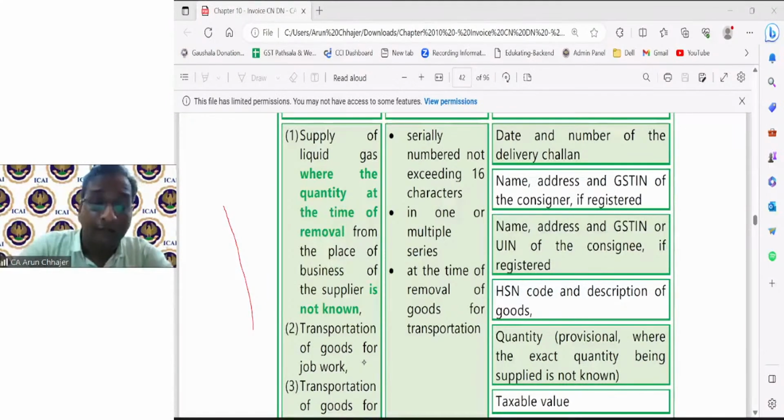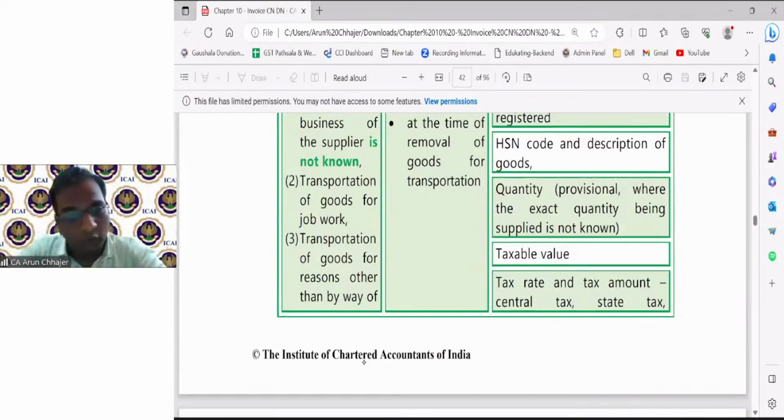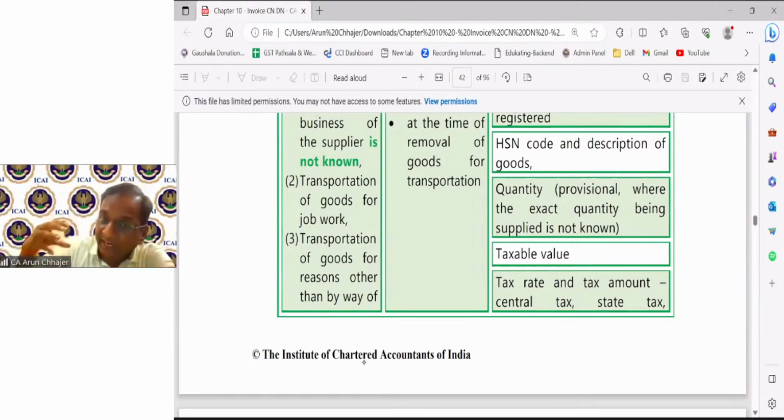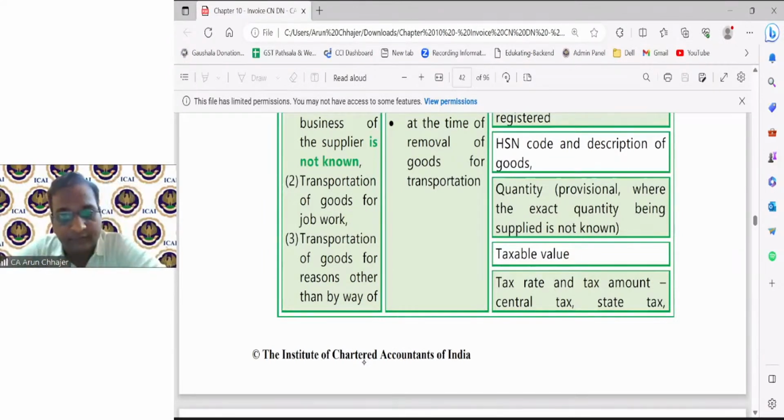Third is for reasons other than supply. Let's say I have received a work contract. I am registered in Haryana, and my place of business is Gurgaon. Let's say I have received one work order for Rohtak, which is also in Haryana. So I have to shift my machine, which is to be used for providing the service. Let's say I am a teacher providing teaching.